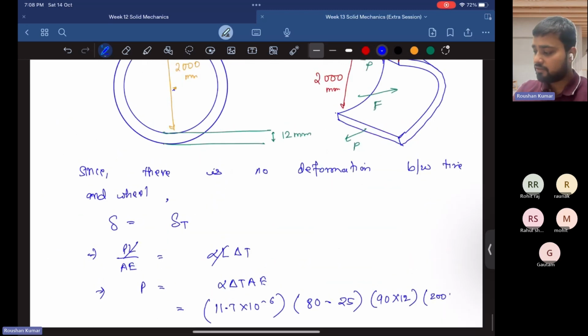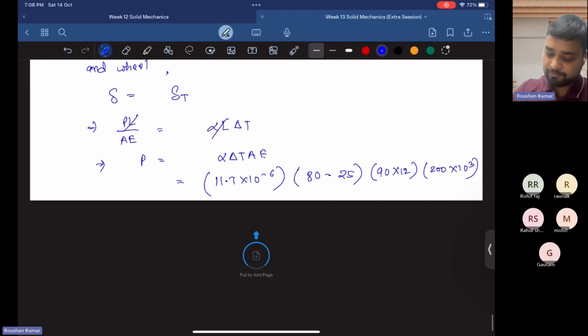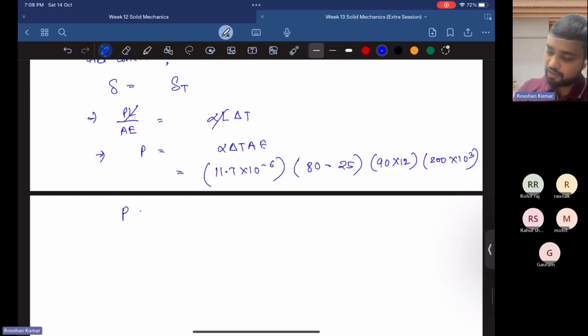So we have to convert it into megapascal, which is 200 into 10 to the power 3. So this P value, when you calculate this, comes out to be 138996 Newton.